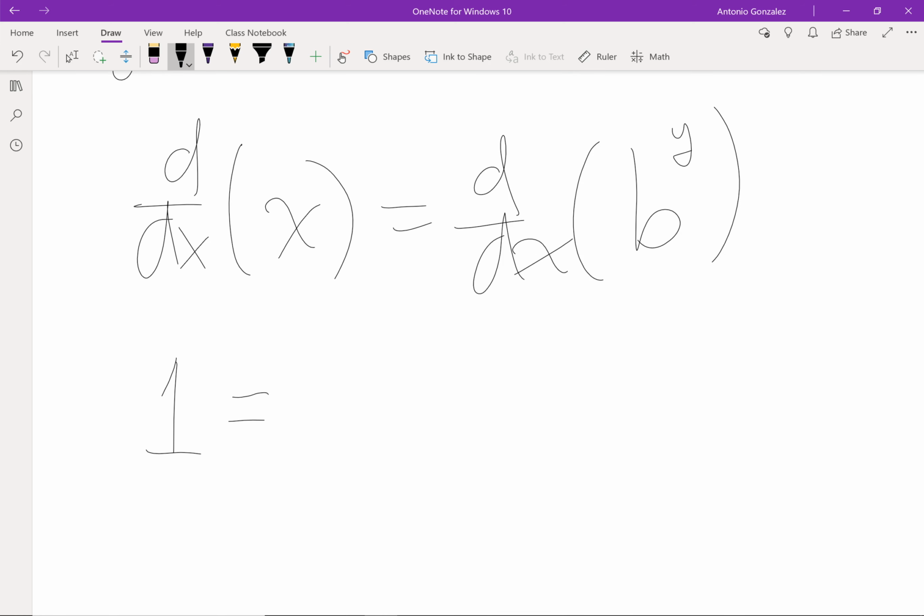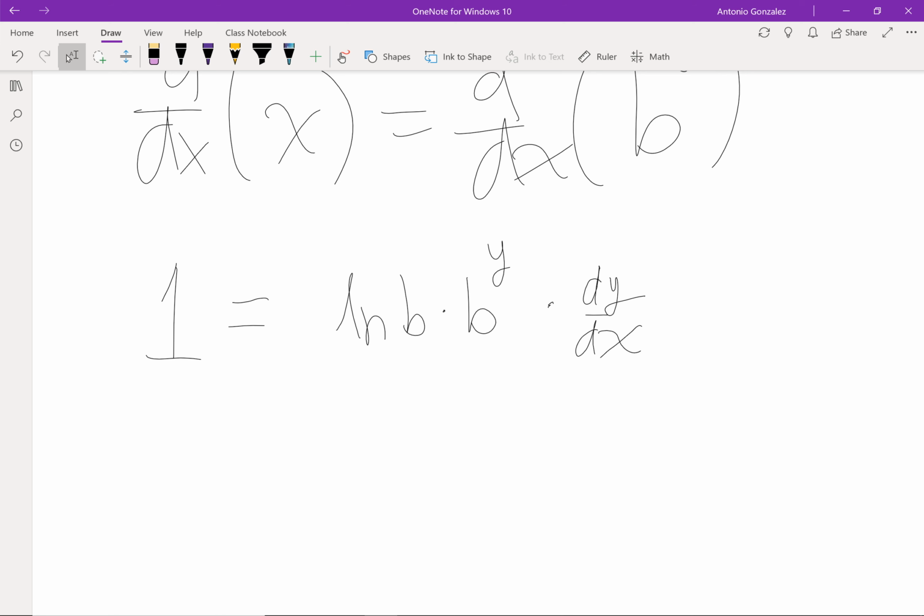On the other side, the derivative of b to the y is ln of b times b to the y, and that's something that we covered earlier in this section. Chain rule says, what is the derivative of the exponent here? That would be dy dx, or y prime.